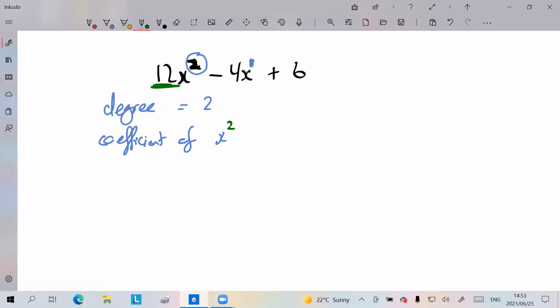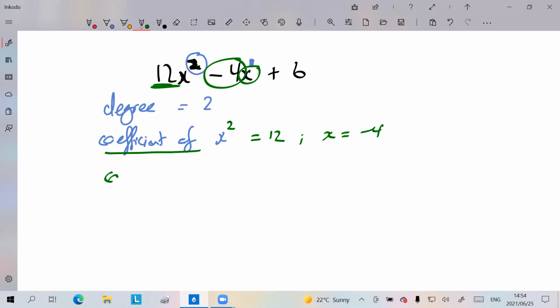So the coefficient of x to the power 2 is equal to 12. The coefficient of x is equal to -4, because in front of the x is a -4. So coefficient in simple terms means the number in front of the x or y or variable, the letter.